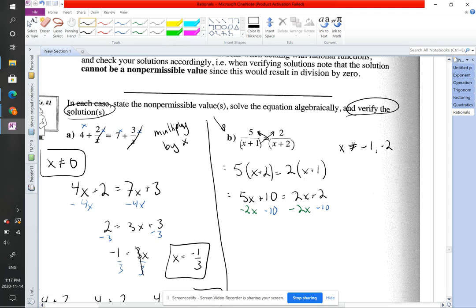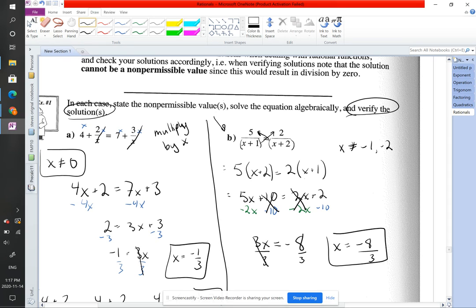So then I get 2x cancels and the 10 cancels. I'm left with 5x minus 2x is 3x, and 2 subtract 10 is negative 8. And then I'm going to divide by 3 to both sides, so that I get x is equal to negative 8 over 3.